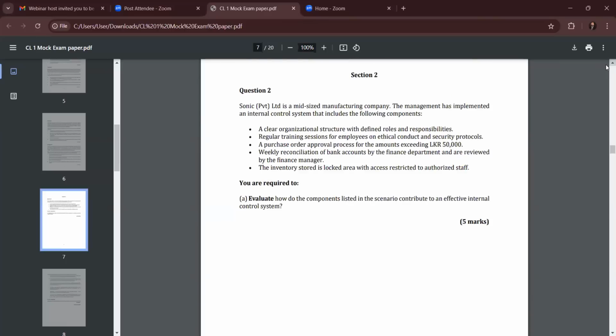Answer to part A: Based on the COSO framework of internal control system, the components can be evaluated on their contribution to the control system.